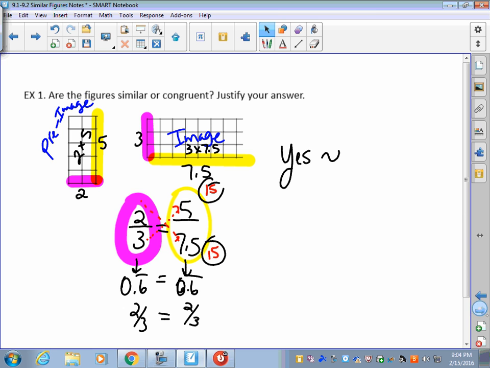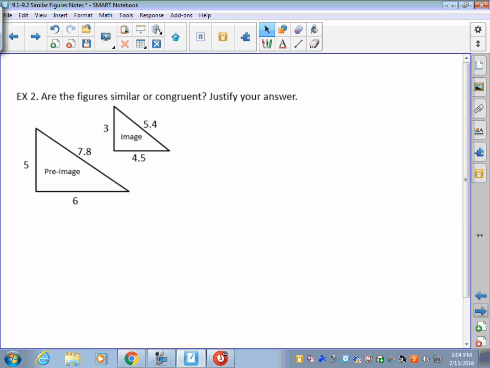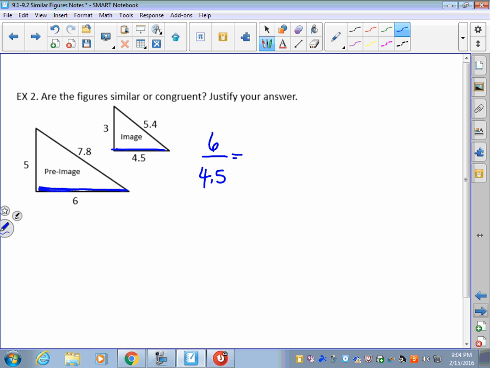And then on our next example, it says determine if these figures are similar. Alright, so we got our pre-image and our image. Remember, we have to take the parts that are corresponding with one another. I see that my base, the horizontal line here, this 6, corresponds with the 4.5. So I'm going to set up that ratio, 6 and 4.5.